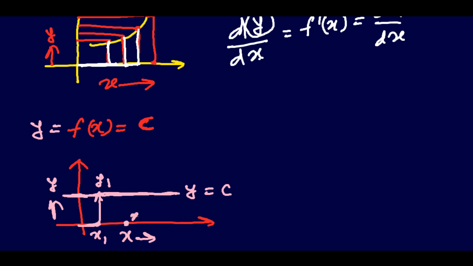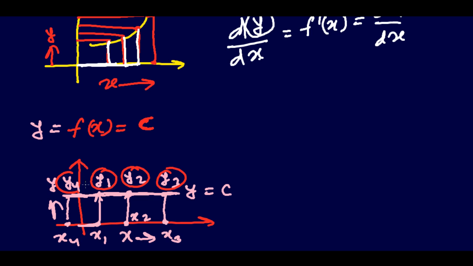At this point, x2, the y value is y2. When it is x3, the y value is again y3. Let's say I went to the negative side, x4, and the y value is again y4. Now my dear friend, you tell me, is there any difference in the values of y1, y2, y3 and y4? These are all the same.